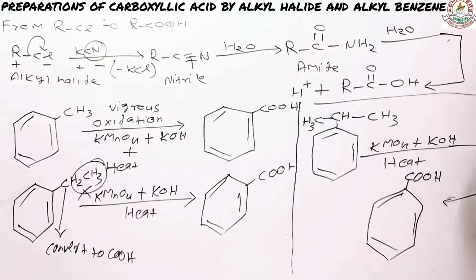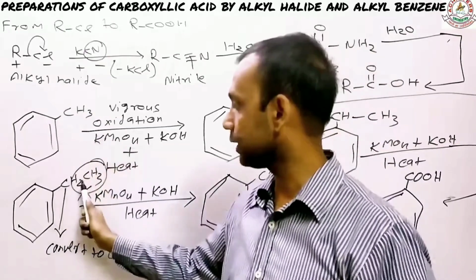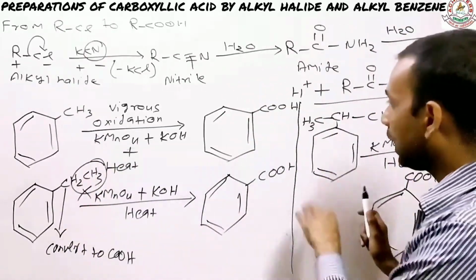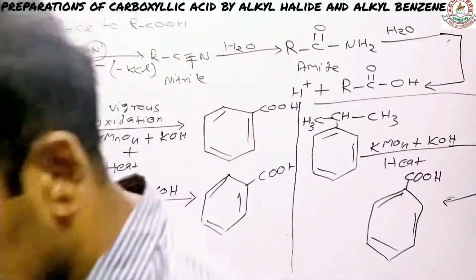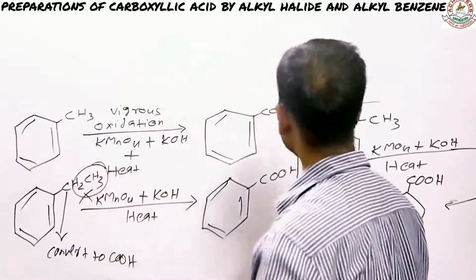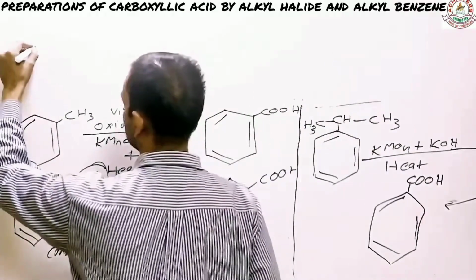Now, the very important thing is that I've started with the first carbon, then the second carbon. Now there are 3 carbon here. So let's see what happens with the tertiary carbon. If there are 3 carbon on the benzene, we need to find out what happens. I'm taking another alkyl benzene, but this time it's going to be tertiary.